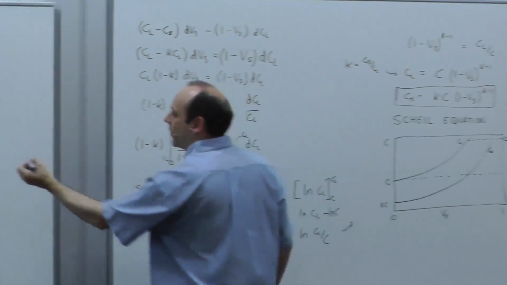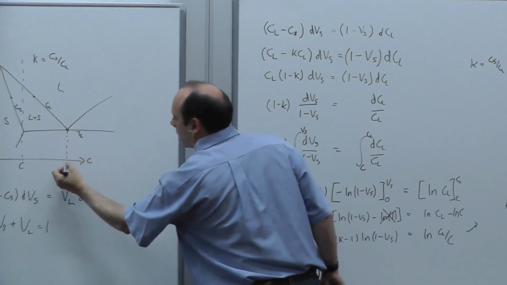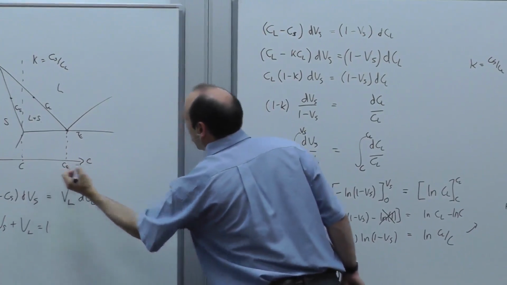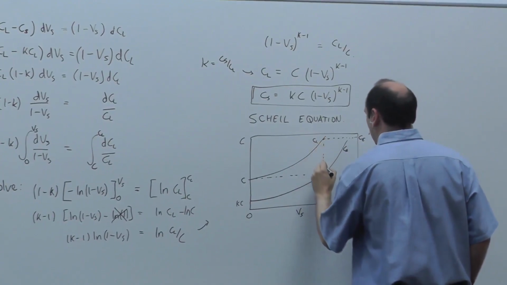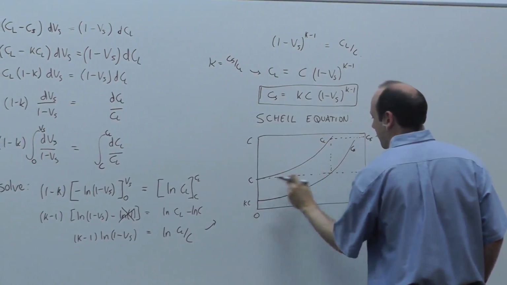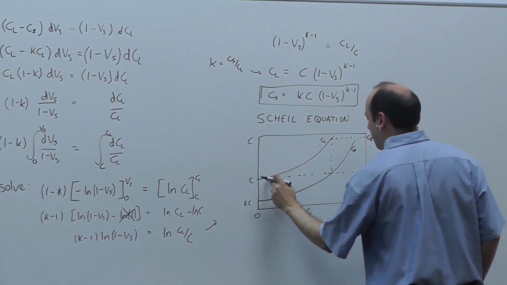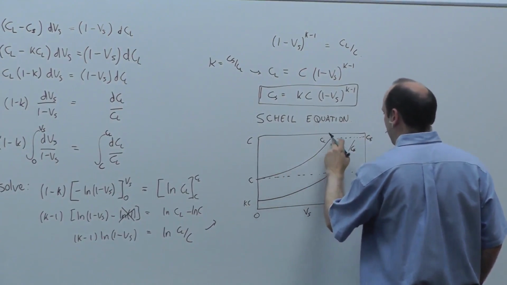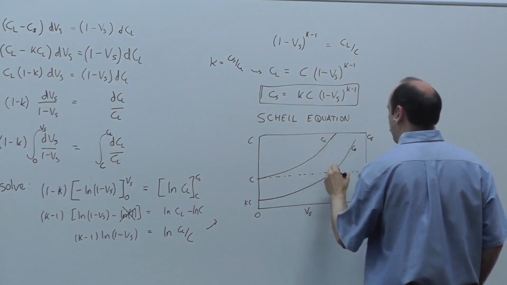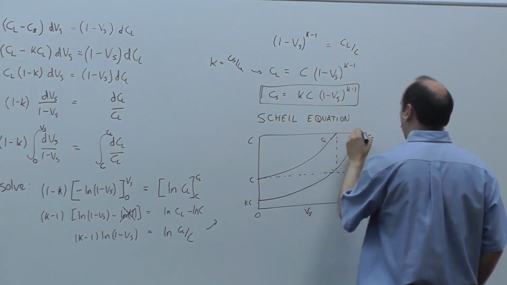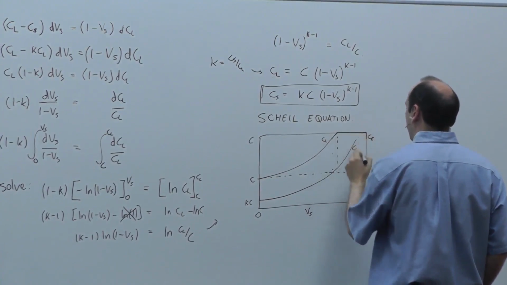So we'll call this number here the composition of the eutectic. And at that point, wherever that is, it won't necessarily coincide with the initial alloy composition. So I'll actually make it slightly higher so that it doesn't. Let's say that's the composition of the eutectic. It can't go beyond that.